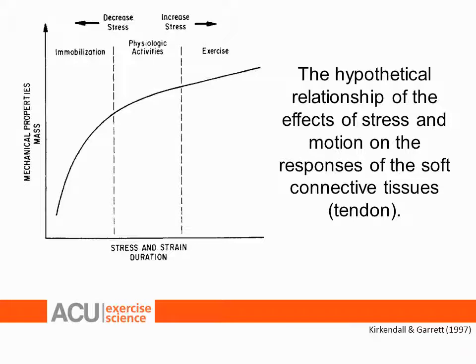You can see if you go further towards the left hand side, the mass decreases with immobilization, and as we have more exercise and increased incidence of stress and strain, then that goes up. But the real mediator here, also bear in mind, is the rest, or allowing the body to build up that particular tissue to increase its mass and therefore increase its strength.